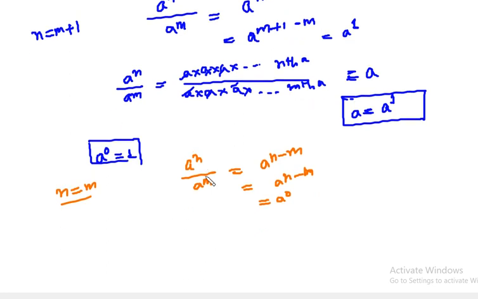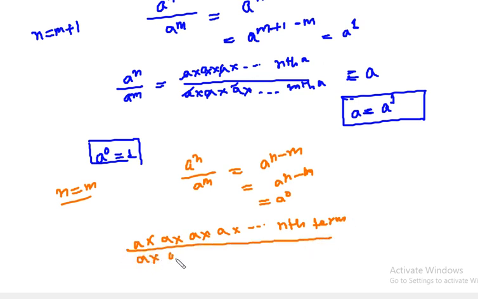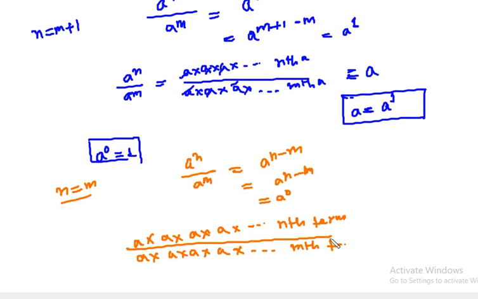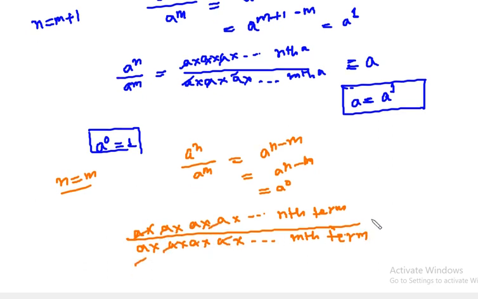Now if we write it in the form of the original expansion, what do we get on the left side? Up to the nth term, and in the denominator a into a into a into dot dot dot up to the mth term. Now m and n are the same, so they will all cancel each other and you will be getting 1. So a to the power 0 means 1.